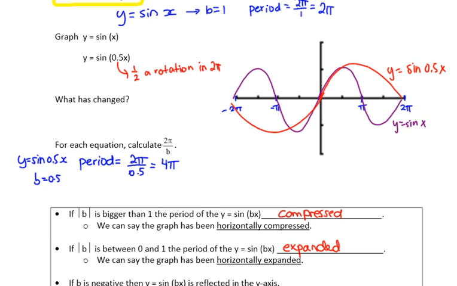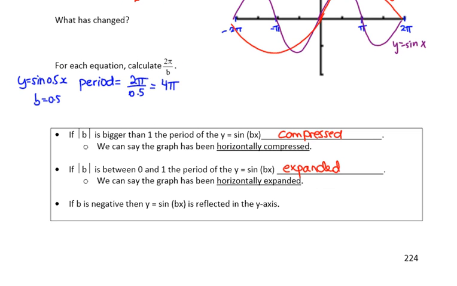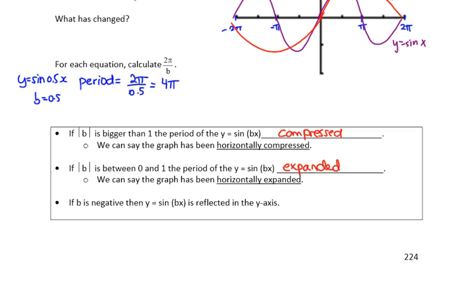Yeah, because our number of rotations in 2 pi is going to be less. And if b is negative, then it's reflected in the y-axis, which you probably won't see, a negative b value. Okay? All right.